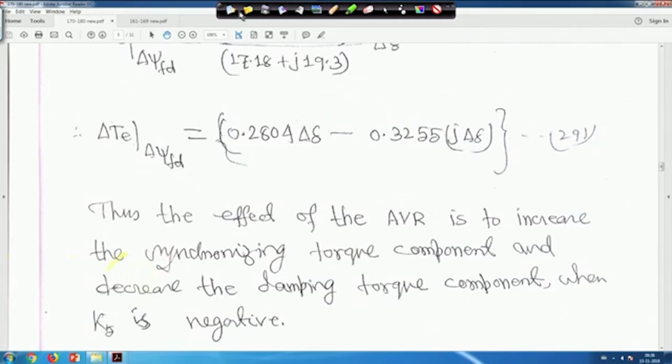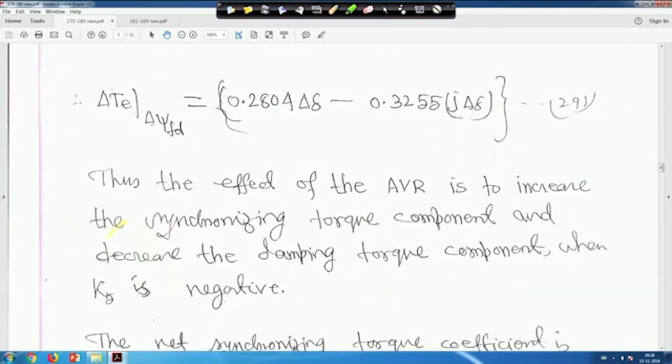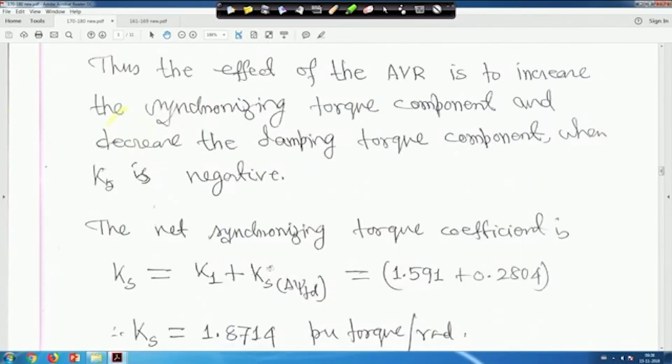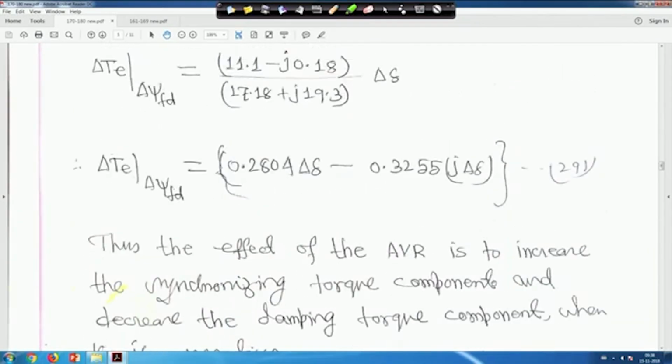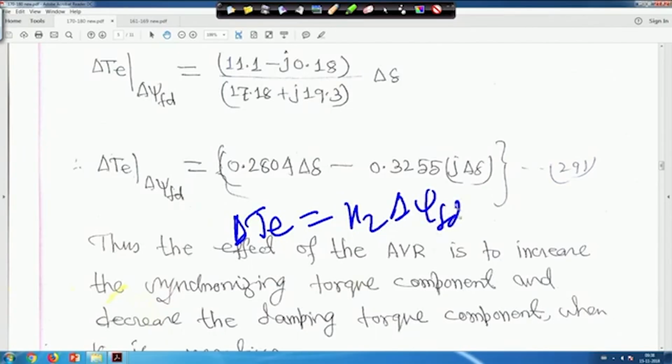Right, when K5 is negative, we have taken K5 is negative, right. Therefore, the net synchronizing torque coefficient is K1 plus Ks delta psi FD, that is 1.59 plus 0.2804. If you go back to figure 30 again, delta T has two components, right: one is coming from K2 delta psi FD and another is K1 delta delta.